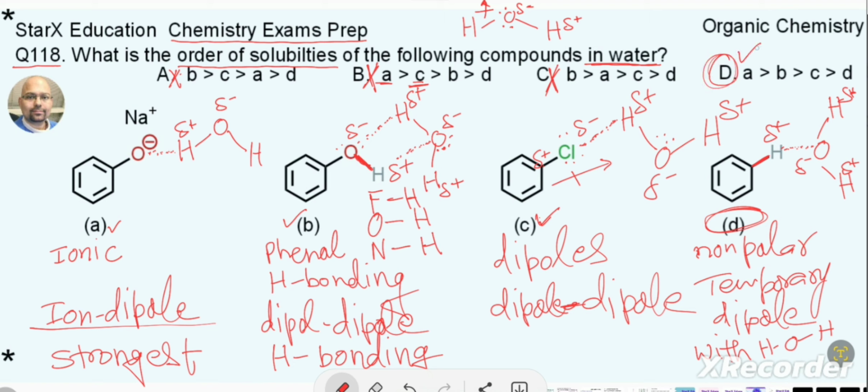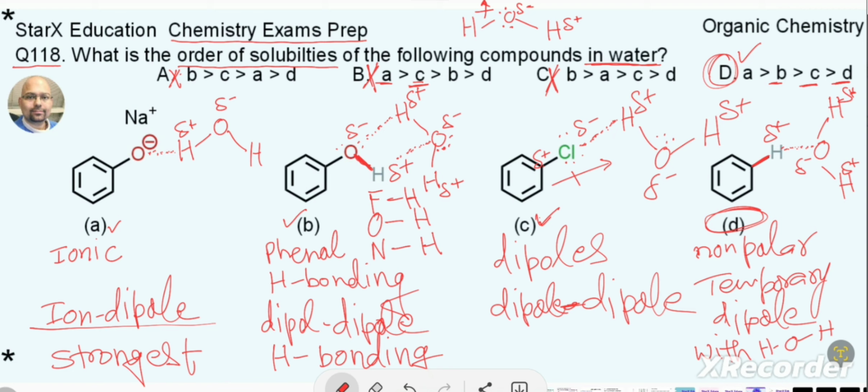So our right choice is D, where the solubility of A, which is ionic, is higher than the hydrogen bonding compound B, and B is more soluble than C, chlorobenzene, which just has dipoles. Finally, D is the least soluble in water. Benzene is nonpolar. It would not be soluble in polar solvents like water or alcohols. It would rather be soluble in nonpolar solvents like hexane, toluene, etc.